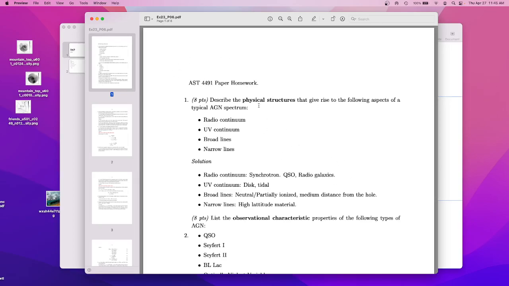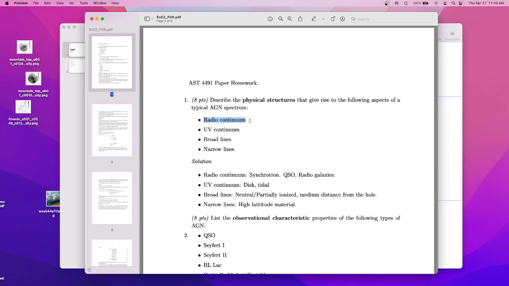Physical structures that give rise to the following aspects of an AGN spectrum. So what makes the radio continuum? Jets. What part of the jet? Synchrotron electrons. So the synchrotron radiation from hot electrons spinning around magnetic fields.